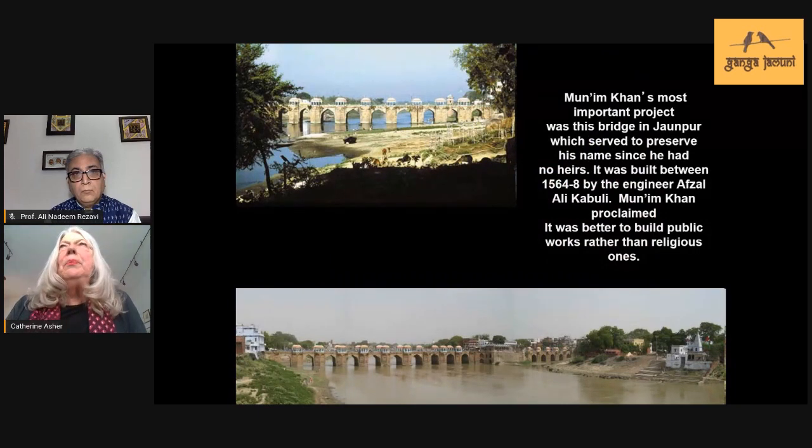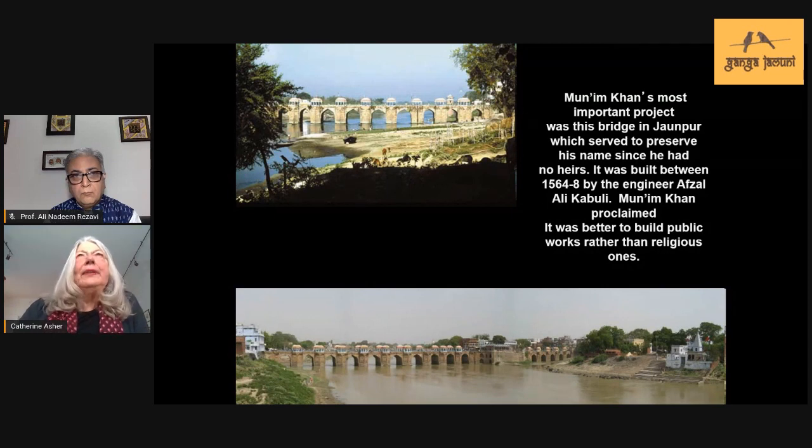The most important bridge that he built, his most important project, was the bridge that you're seeing here in Jaunpur, which he built, of course, to serve the public, but also to preserve his name, since he had no heirs.